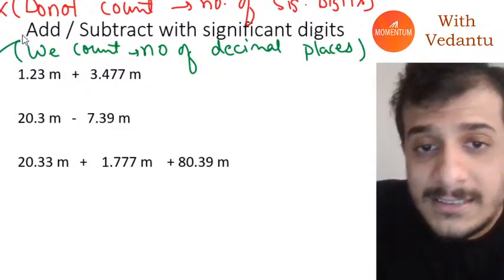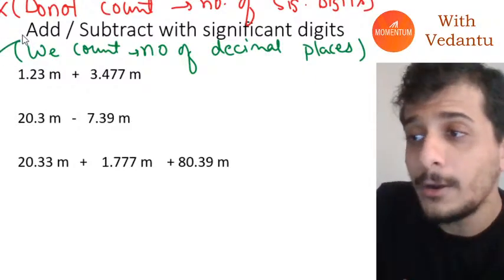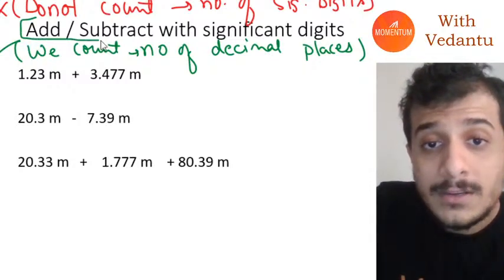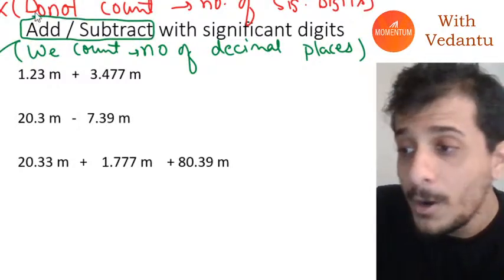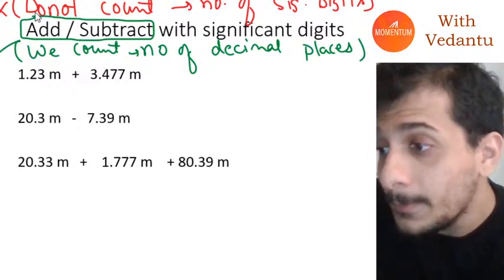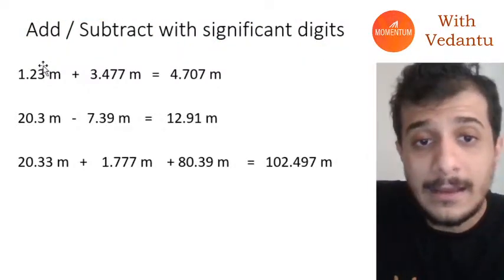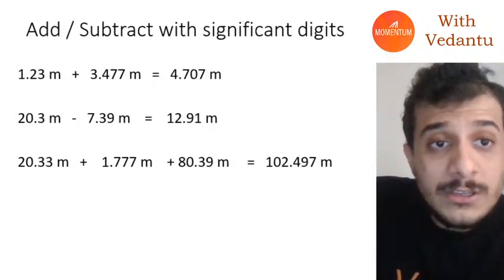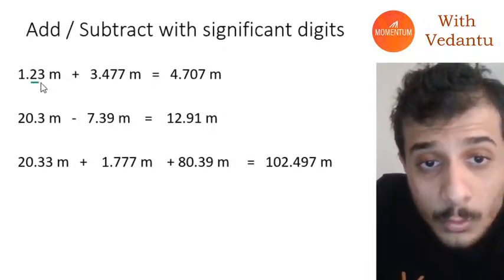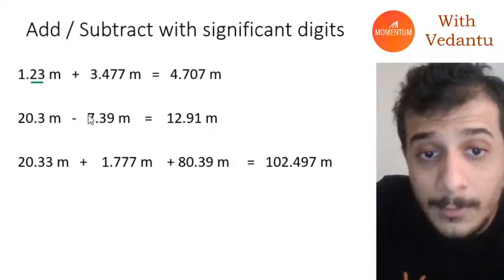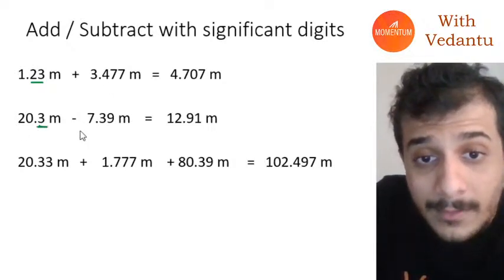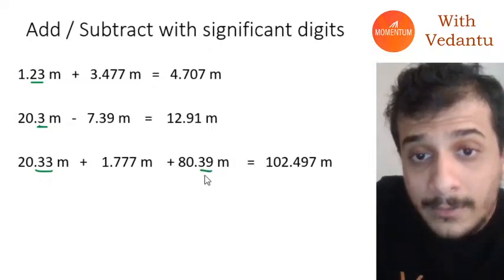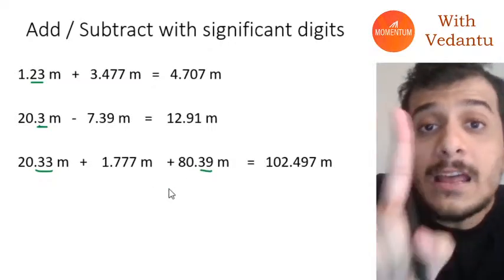Let's say I have these three questions here and I want to add or subtract. In the case of addition or subtraction, I have to count the number of decimal places. Let's say I added and got this answer. Now you look at the decimal places. This has two decimal places, this has three, this has one, this has two.